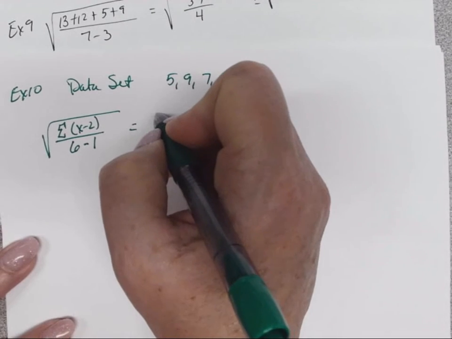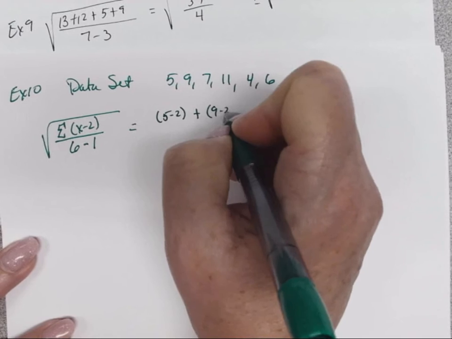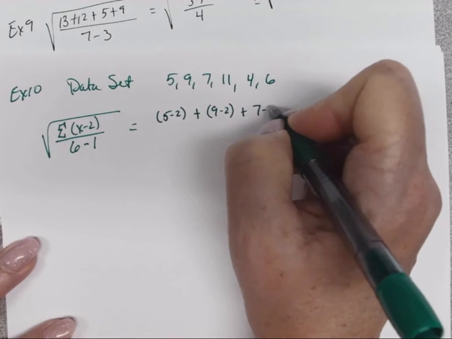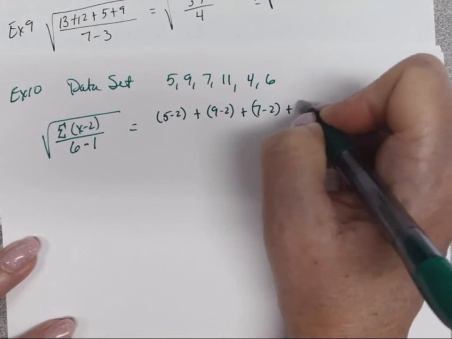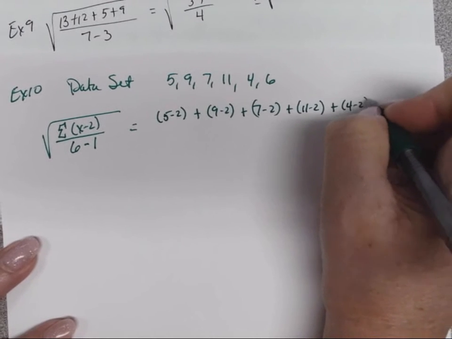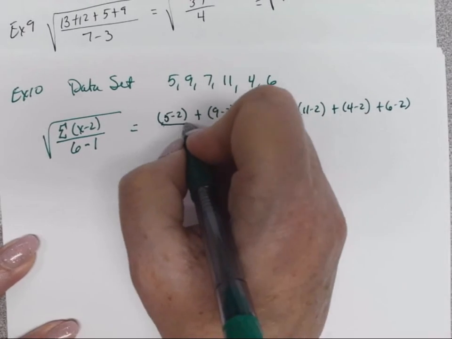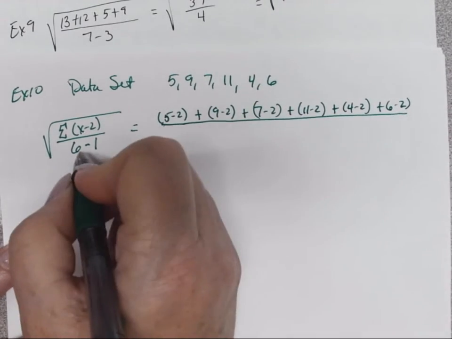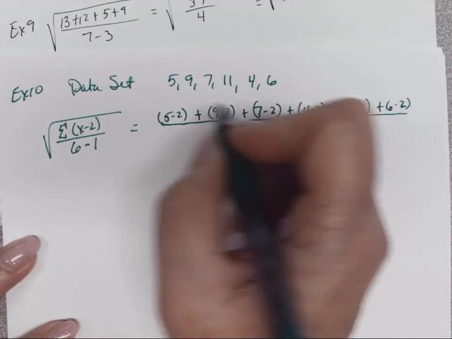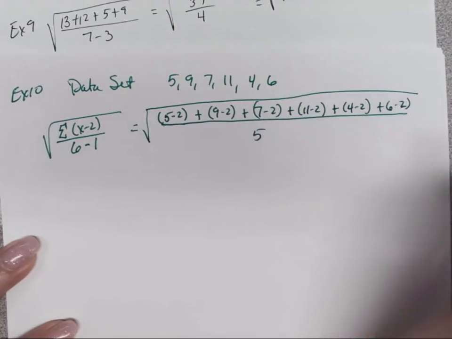So we're looking at 5 minus 2 plus 9 minus 2 plus 7 minus 2 plus 11 minus 2 plus 4 minus 2 plus 6 minus 2 all over 6 minus 1 is 5, and I'm putting on my radical last because I got to see how long it needs to be.